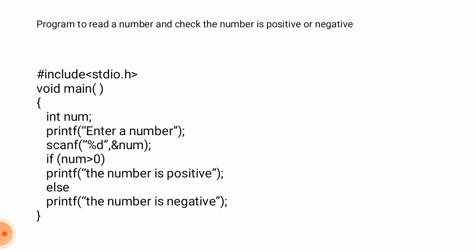Age should be integer type. Whatever condition you give, just try it. Read your age and print whether you are eligible for voting or not, just try it, okay, as homework.